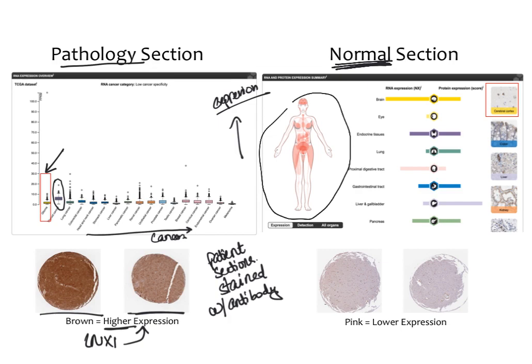And so we're really interested in the brain, so we're going to look at the cerebral cortex for our normal. And again, we'll get taken to this page that has these sections, and these are our normal sections. And here for our gene of interest, we can see that it's pink, so it's really low expression. And so we know that in GBM compared to normal, we're seeing a really high expression of our gene in GBM and really low expression in the normal tissue.